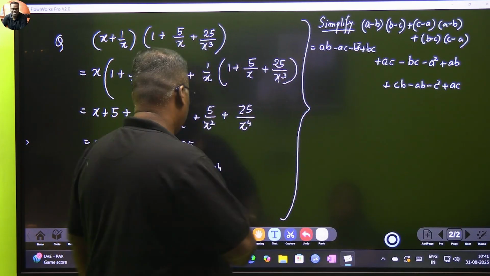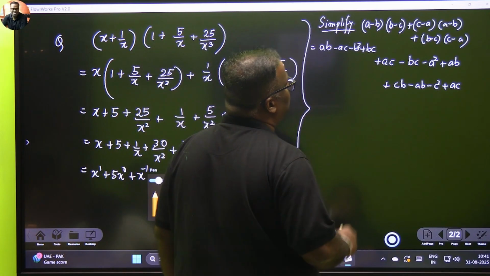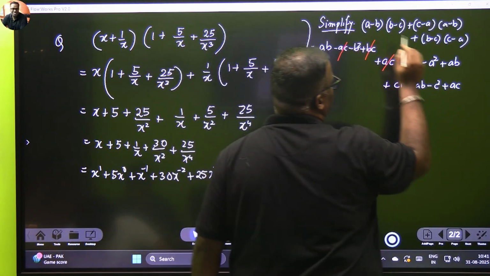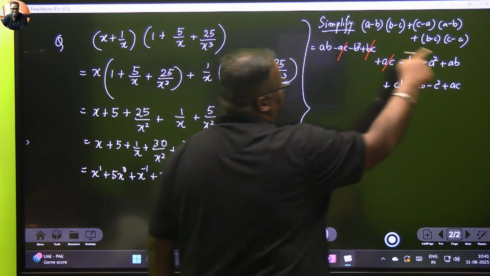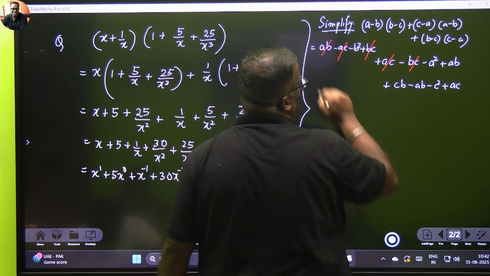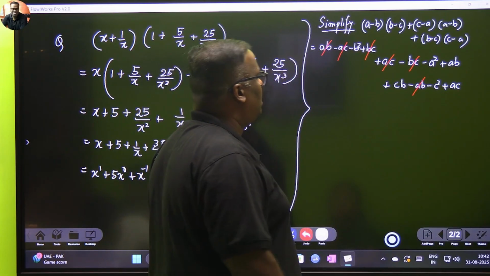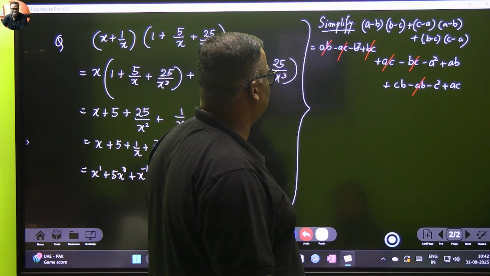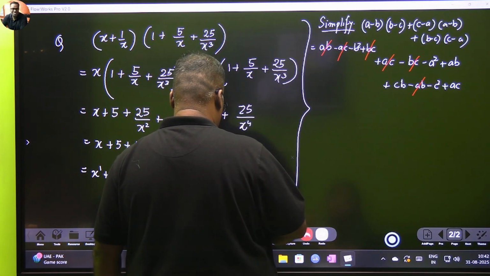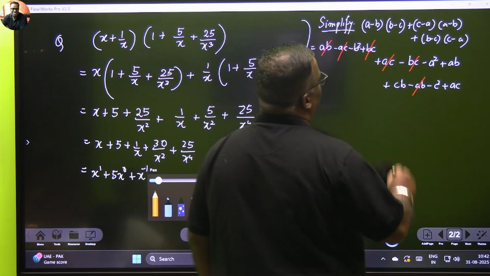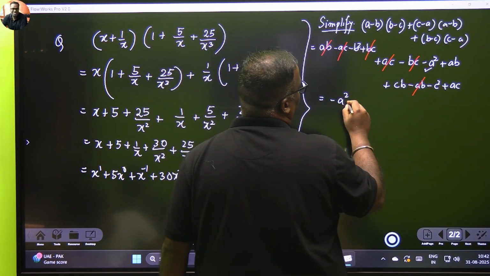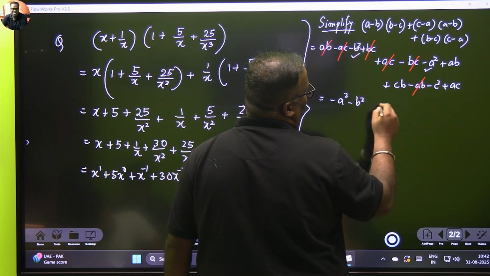Agreed? Now I take out my red pen and we start looking at some beautiful terms. AC and AC strike out each other. Plus BC minus BC strike out each other. AB makes it 2AB. The lower one has minus AB, so we take this one and cancel this one. No other negative term remains. Now we start cleaning it up. You've got a negative a square, negative b square, negative c square.